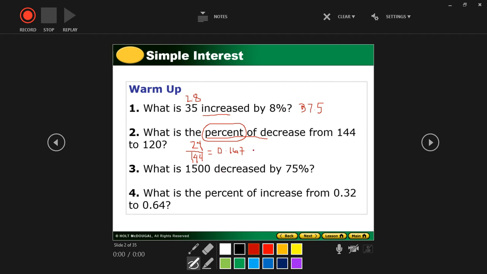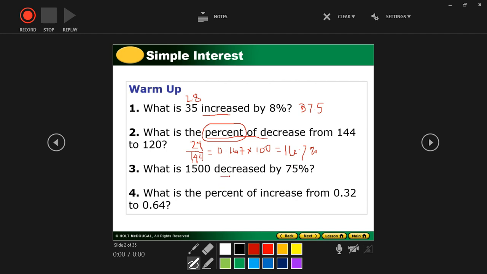This time, decimal to percent, so we multiply by 100. So 0.167 times 100 is approximately 16.7%. So the percent of decrease from 144 to 120 is 16.7%.